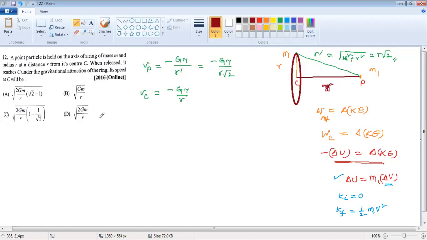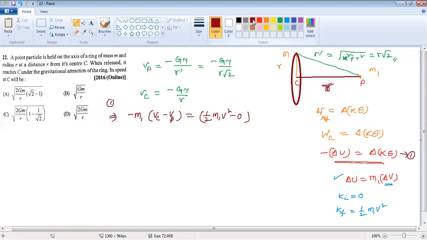By using the work energy theorem, taken as equation 1, minus delta U: minus m1 into the change in potential, the final potential at C minus the initial potential at P, equals, from equation 1, the change in kinetic energy, that is the final kinetic energy, half of m1 v square, minus the initial kinetic energy, which is 0.